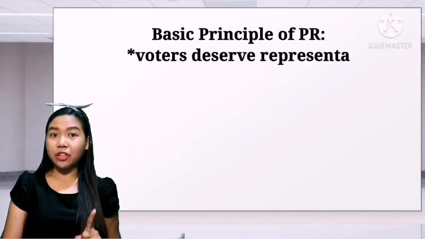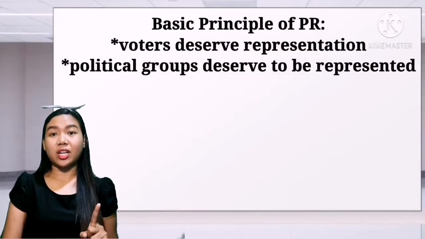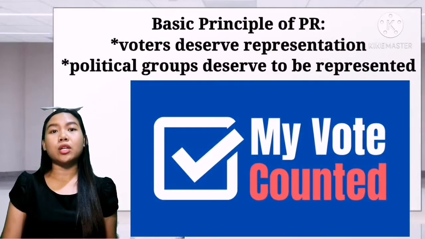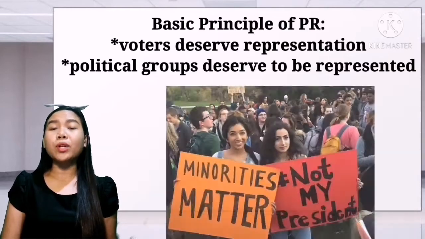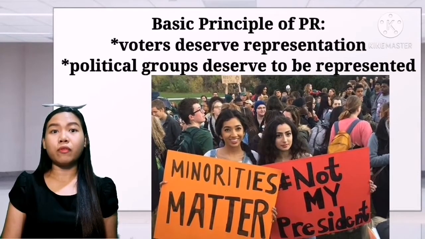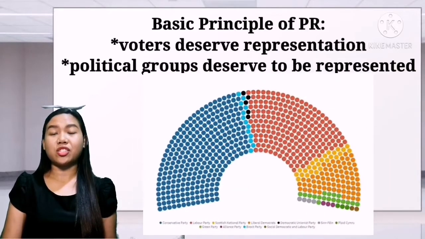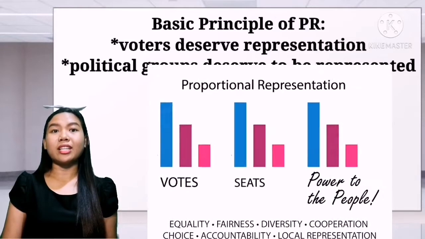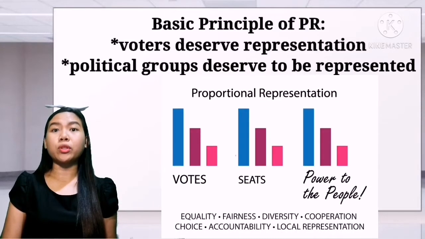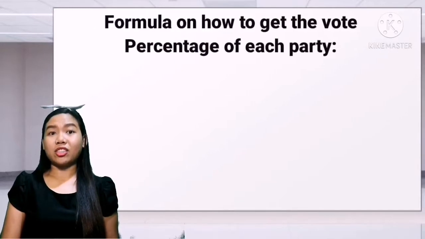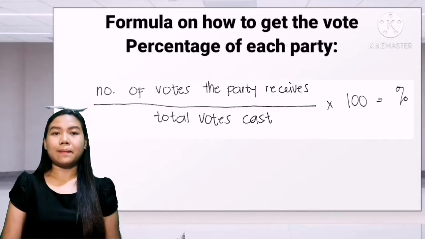The basic principle underlying proportional representation elections is that all voters deserve representation and that all political groups in society deserve to be represented in our legislatures in proportion to their strength in the electorate, or based on their vote percentage. We will discuss it later with formula and calculation.